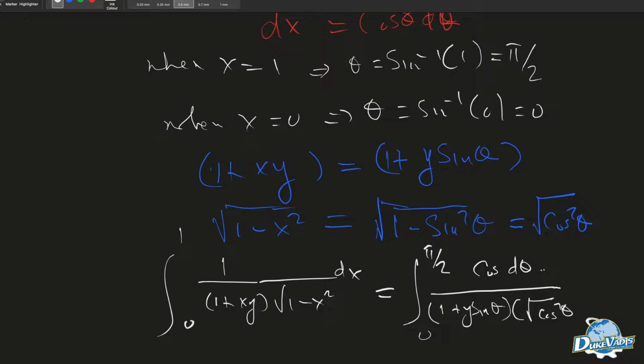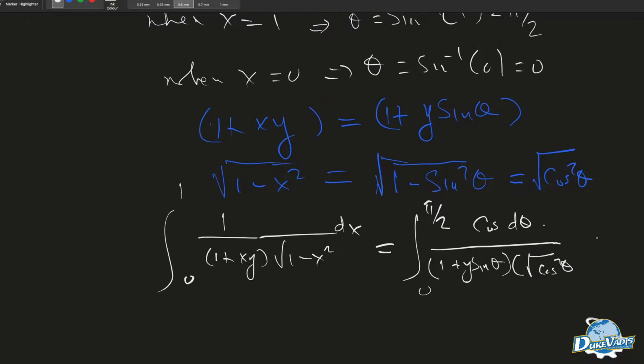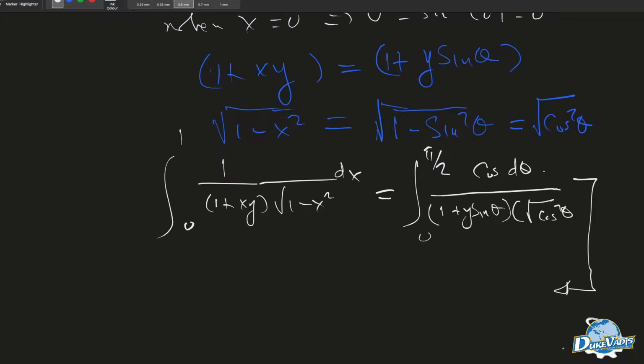Okay, so that is what we have, and we can further simplify this down here. Let me use a different color that makes it more distinctive. So pi on 2, 0, cos theta d theta all over 1 plus y sine theta into bracket the square root of cos squared theta, which will be cos theta.